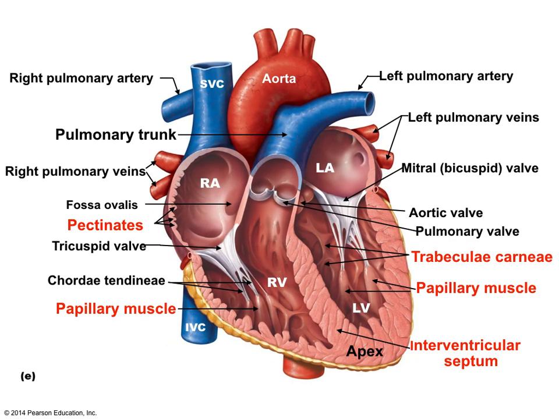Here is another mid-sagittal view through the interior of the heart. In this case, we could look at the right atrium first, RA, which also has the fossa ovalis. In fetal stages, it was the foramen ovale, which would directly link the blood between the two atria.